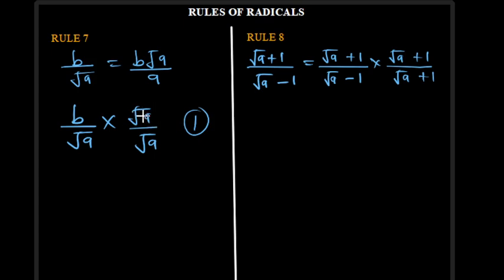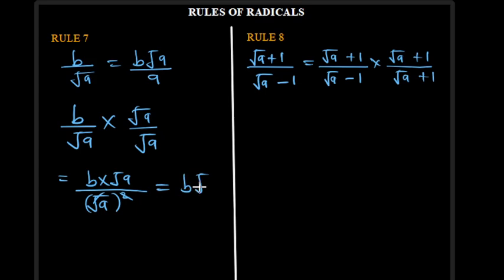If you check, root a divided by root a is 1. Now we multiply, and this becomes b times root a divided by root a times root a. Root a times root a is root a squared, so this will cancel, and this will give us b root a divided by a, which is what we have here.